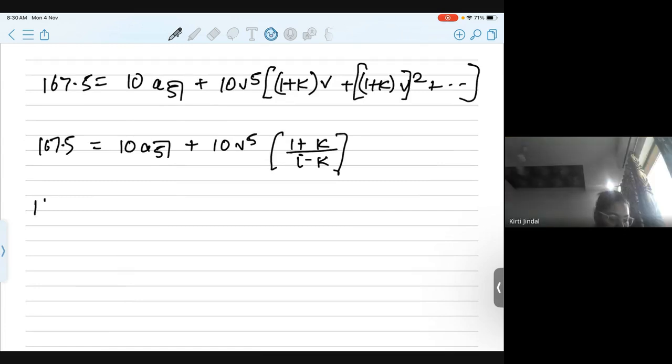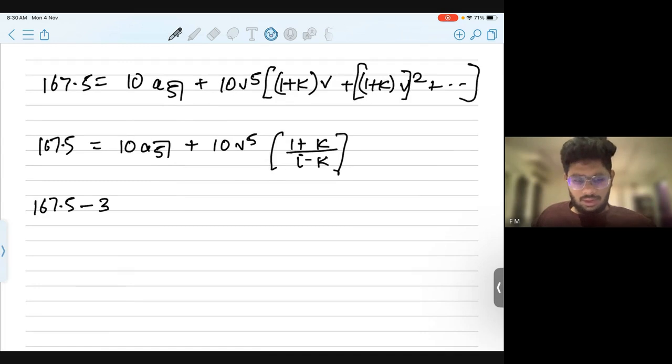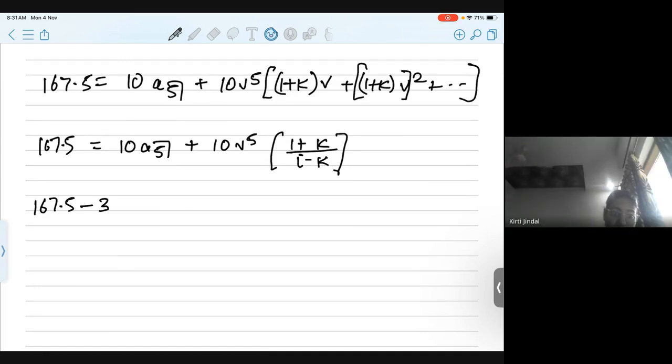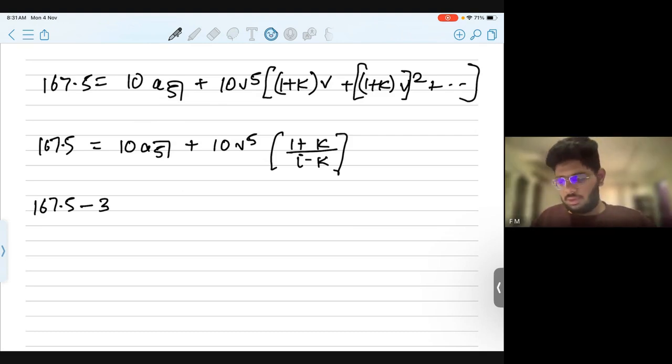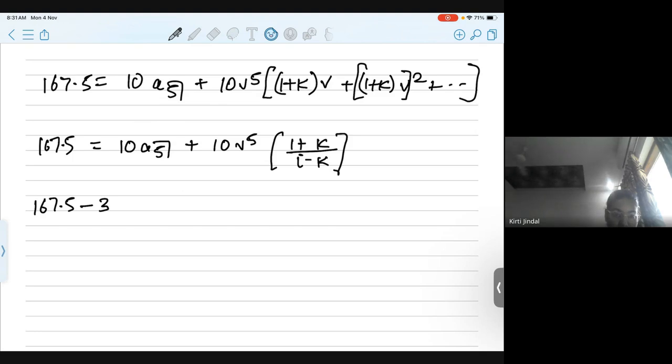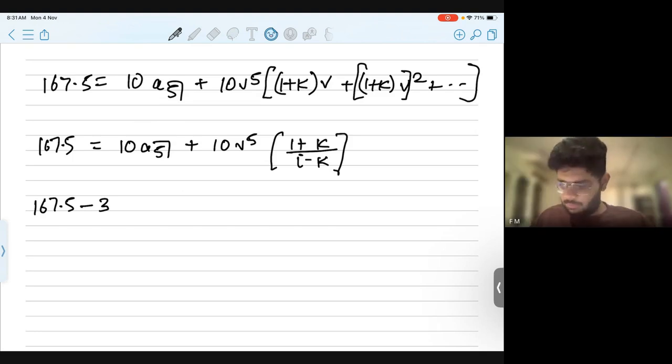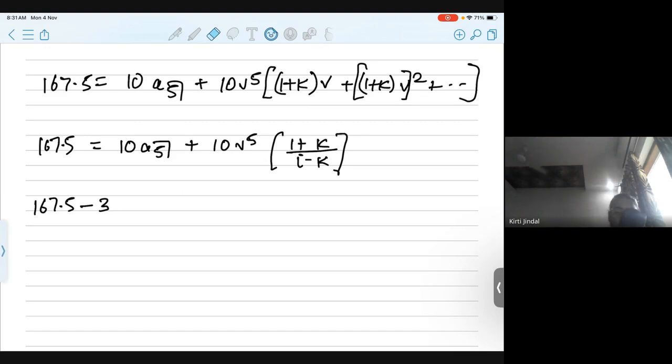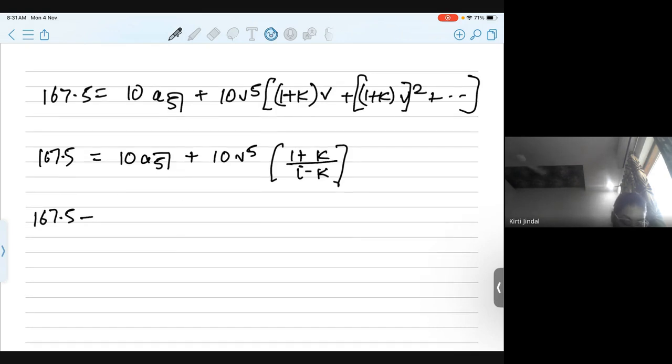167.5 minus 10a5. 10a5 का value है 30.76. एक मिनट. 1 minus 1.092 whole power minus 5 upon 0.092. इसी से प्लीज calculator से, हाँ. 10 PMT, keeping 5 as N and 9.2 as I, and then computing present value, it gives 30.76.